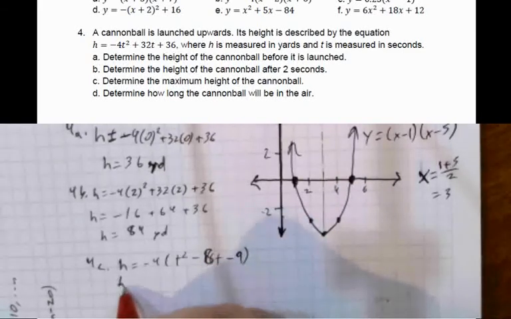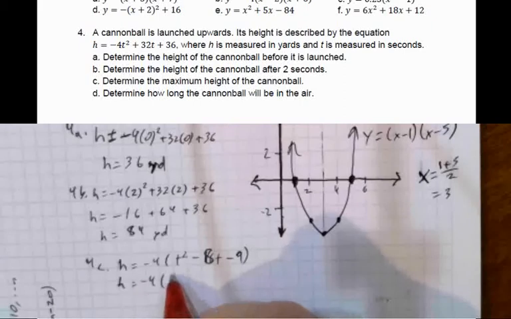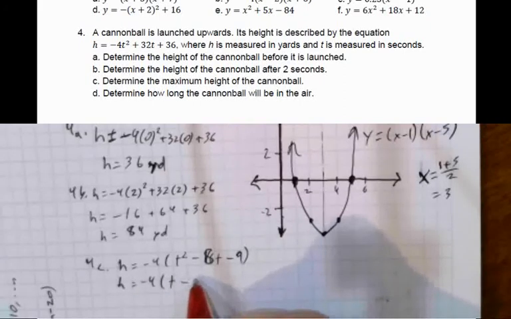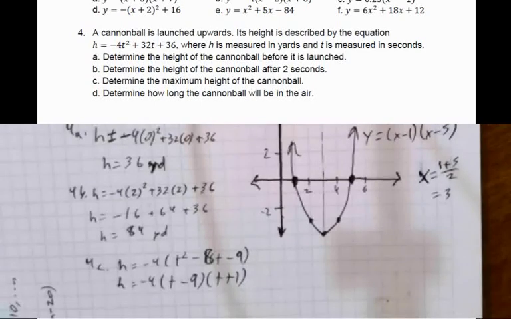And then factoring even further, I end up with (t minus 9)(t plus 1). So the maximum height of the cannonball, I know my axis of symmetry is going to be at the midpoint of the zeros, so t equals (9 plus negative 1) over 2, which is 8 over 2, which is 4 seconds.